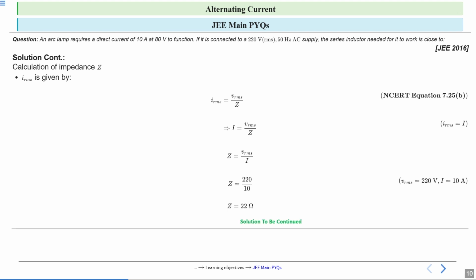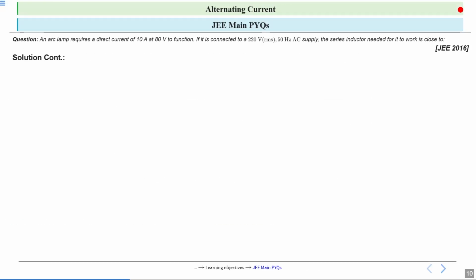Now we will find the inductance of the inductor that we have to connect in series, so that the lamp will work in a similar way as in the DC current. Now X_L can be calculated as, Z is equal to root R square plus X_L square.